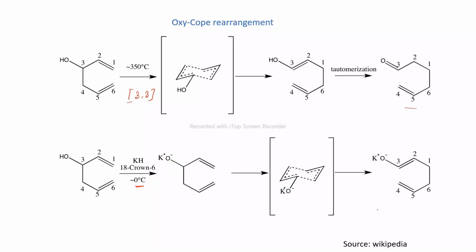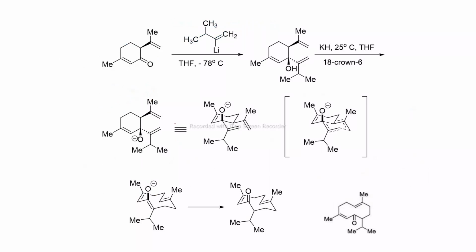That's why this type of reaction goes faster. The 18-crown-6 is basically used to trap the potassium ion. If we use only potassium hydride, the reaction will also be faster, but additionally, if we add 18-crown-6, the reaction will be much faster than in the first example. Okay. So let's come to our question.